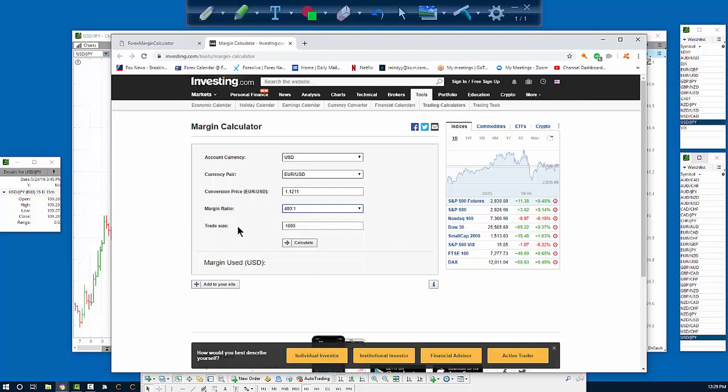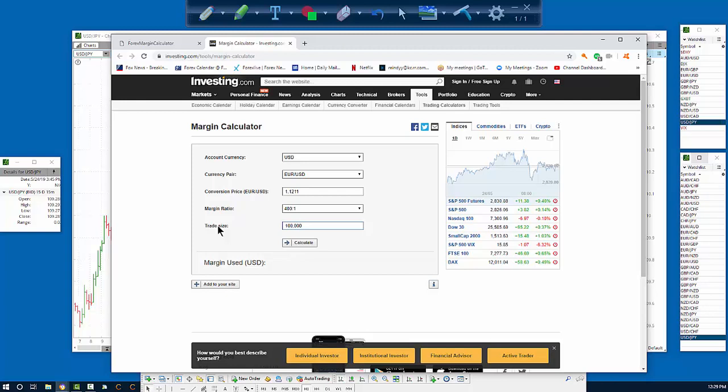Now when it says trade size, what you have to remember is that a full lot of any currency is 100,000, right? That is one full lot of any currency pair.